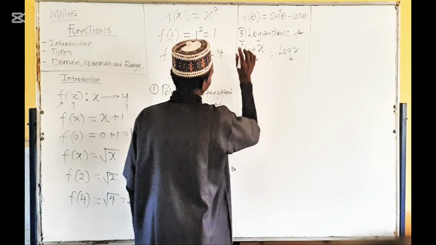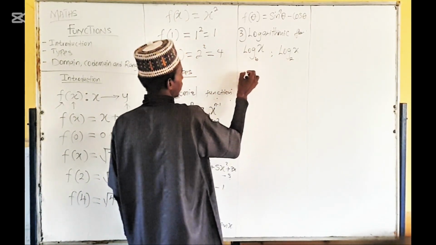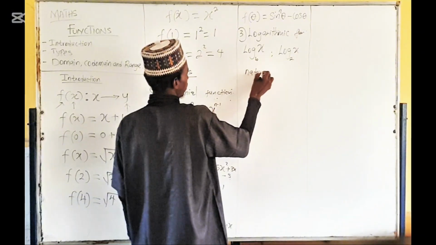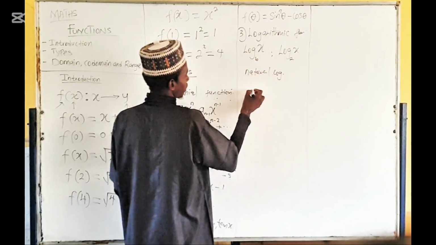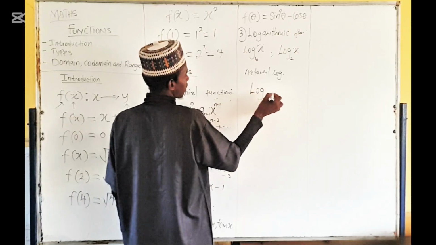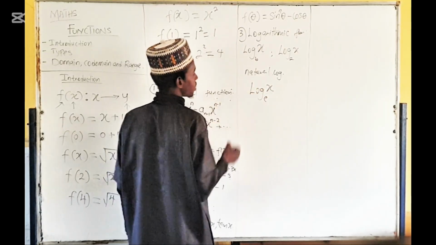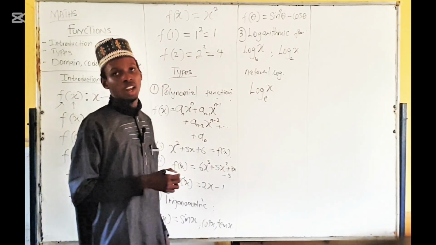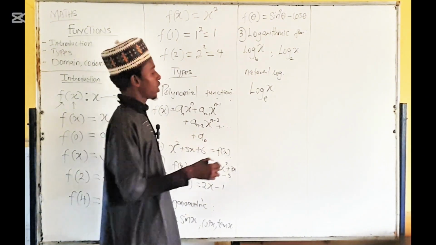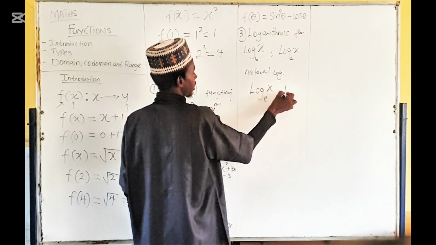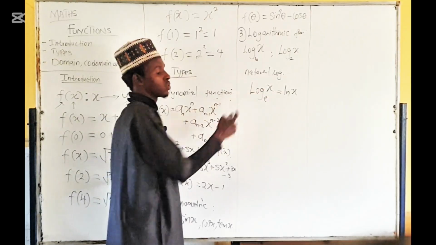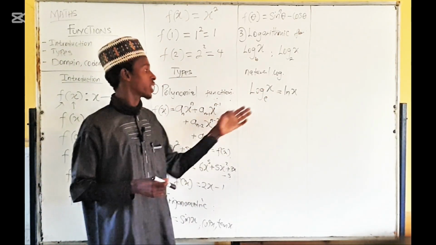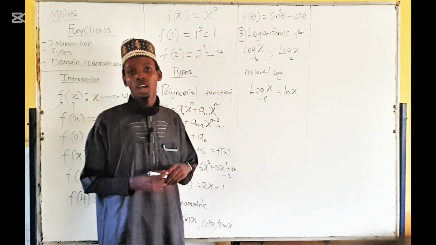But now, in the case of natural logarithms, natural logs, this is where we have the logarithm of a number, but the base is always the exponential. That is the natural log, and it is normally written as ln of x. Logarithm of x, the base of what? Exponential, where exponential is just a constant number.